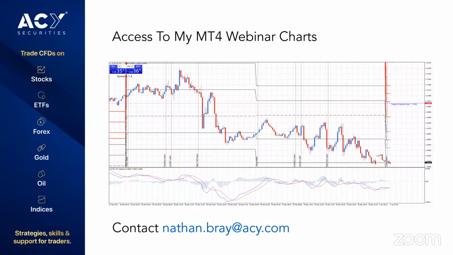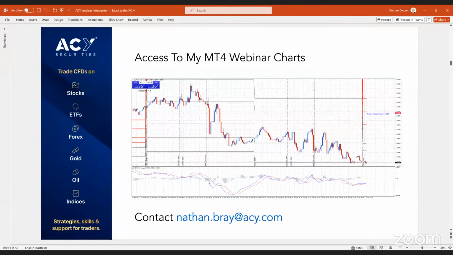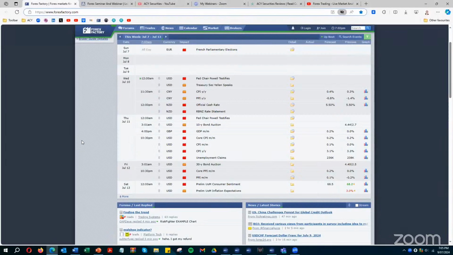All right, so let's get into the news items first of all. A quick synopsis. At midnight tonight and at midnight Thursday, we have the Fed chair Powell testifying. Midday tomorrow for New Zealand, we've got the interest rate decision. And tomorrow afternoon, 4 p.m. for the UK, GDP month on month to watch out for.